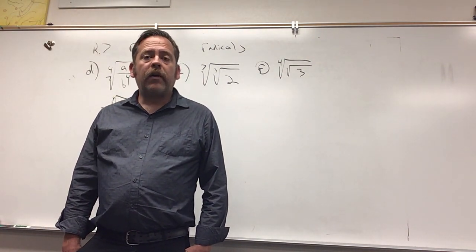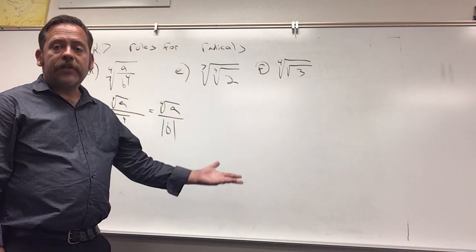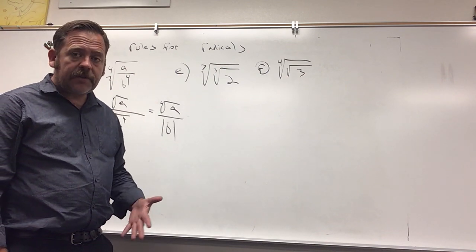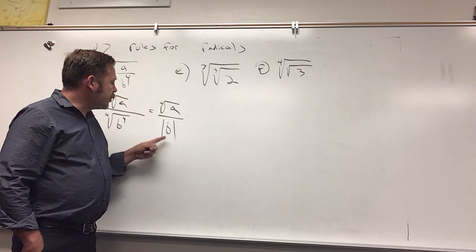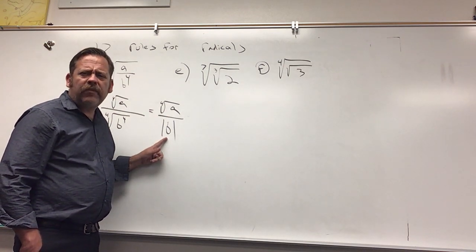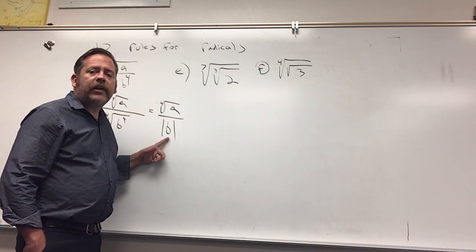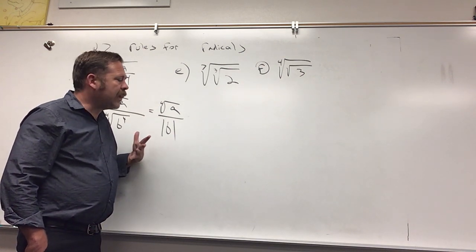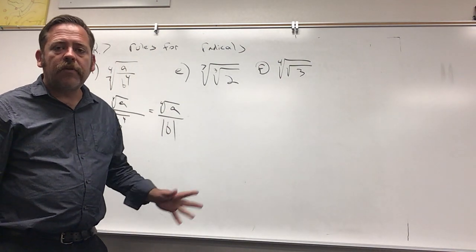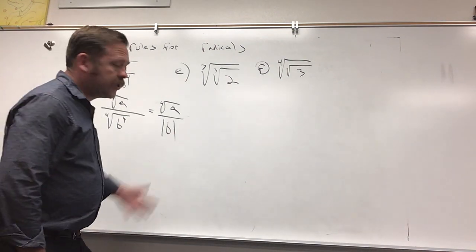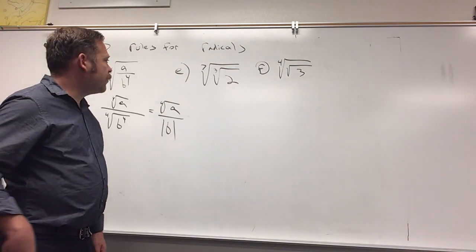If at the beginning of the problem it says, assume all variables to be non-zero and positive, which you'll see sometimes, you would just see B as the answer, and you might wonder how come that seems to me like it should get an absolute value. Well, if it seems like it might need an absolute value, look at the fine print up at the top and see if it says to assume all variables to be positive, okay? Because that'll get some students sometimes. Just be cautious of that.